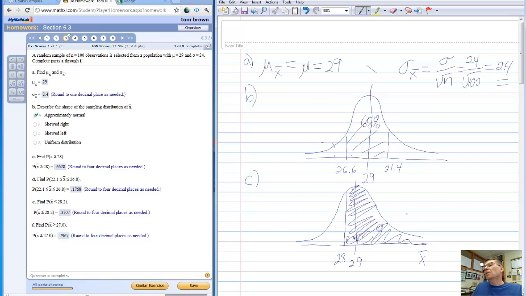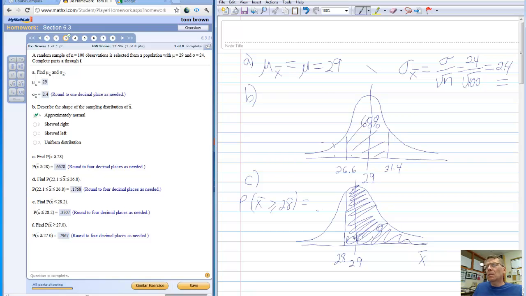If you look at that, you'll notice that it should be at least 0.5 or 50% of the area, because we know that 50% of the area is to the right of the mean. So whatever value we get for this problem, we know that the answer has to be greater than 0.5. If we get a value that's less than 0.5, we know that we made a mistake, and we should go back and rework the problem.